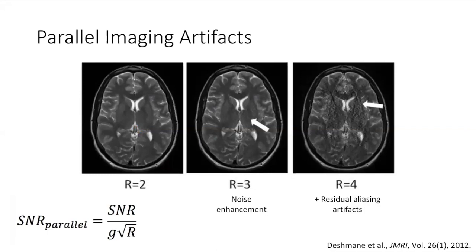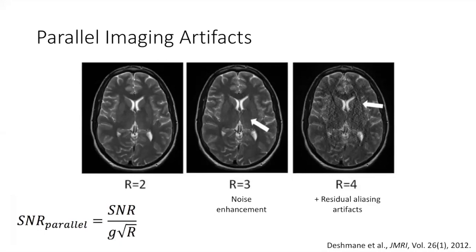But it's also important to remember that you can still get artifacts with parallel imaging, and just because you have, for example, 32 receive coils doesn't mean that you could accelerate all the way to an acceleration factor of 32 or 16 or whatever. You're typically limited, in reality, depending on the amount of receive coils you have, to probably R equals 4 maybe to get a usable image, although with newer reconstruction techniques they've particularly developed here at Martinos Center, you can push that further.